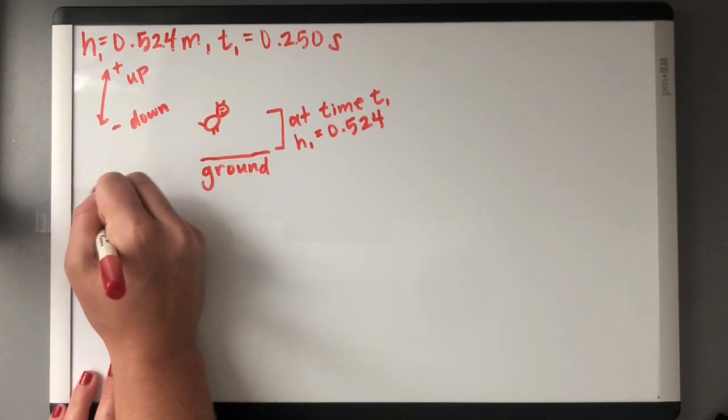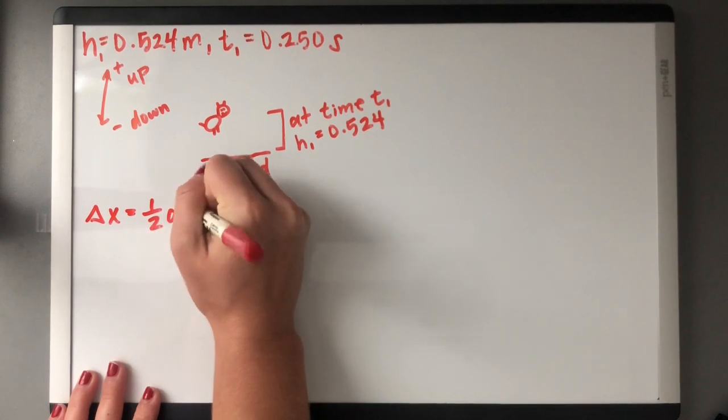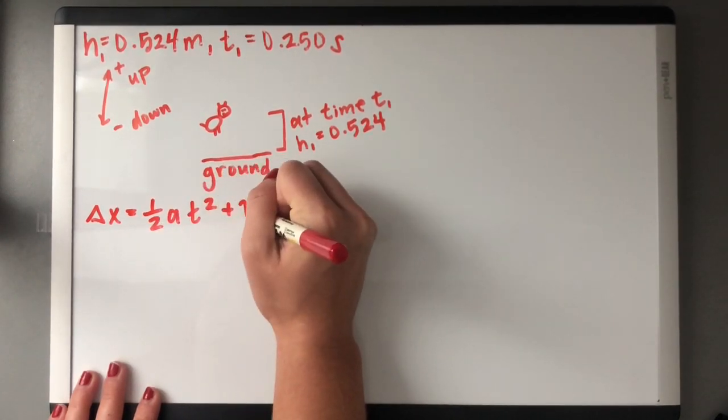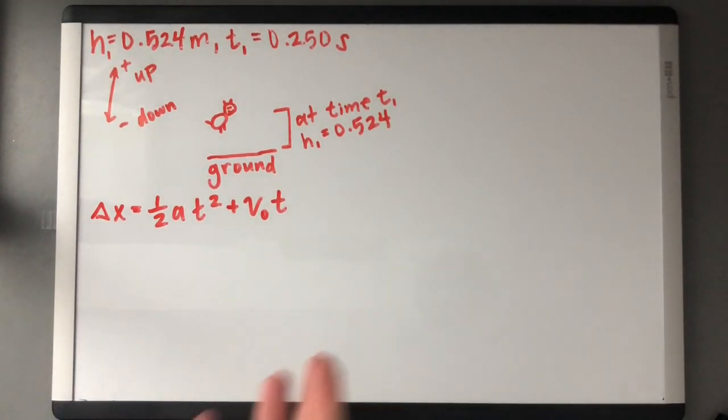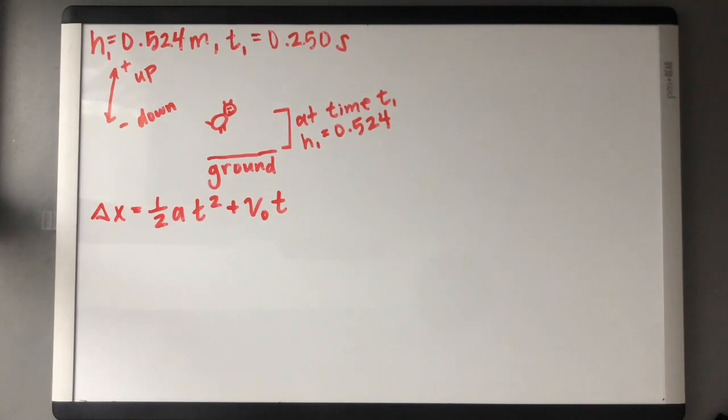Delta x equals 1/2 acceleration t squared plus initial velocity times time. That's the base equation. But in order to make it more specific for our context, I'm going to rewrite it with either the variables that I've used and defined or other constants and terms that I know apply to this situation.